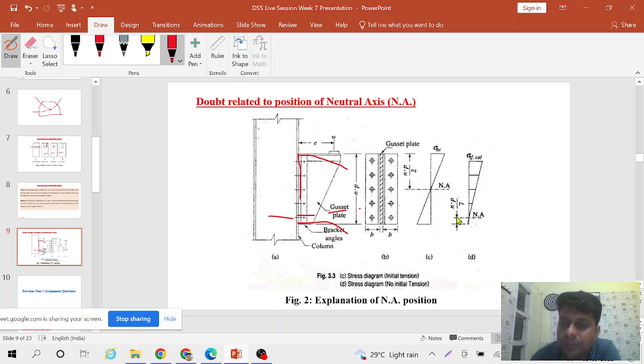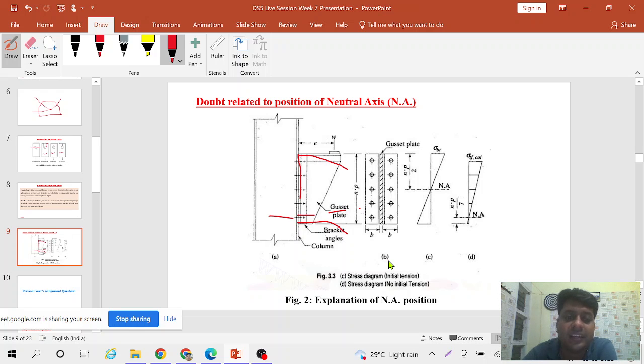That is why for normal bolts we take the depth of neutral axis as h by 7, but in the case of pre-tensioned bolts, that is HSFG bolts, we take it at the center, at h by 2. In the L S Negi book there is one example, you can go through that example if you find it.